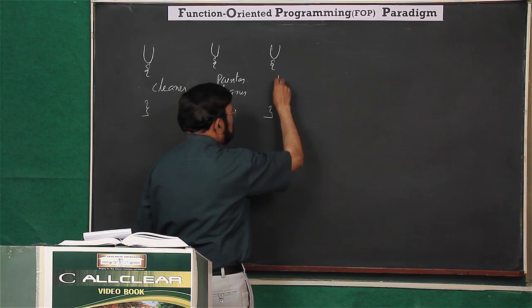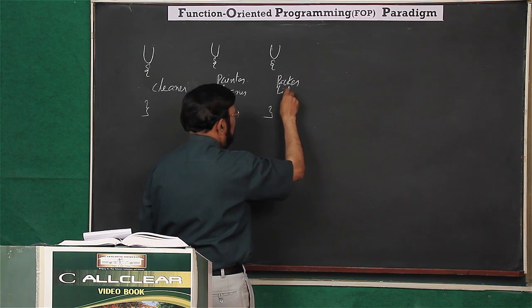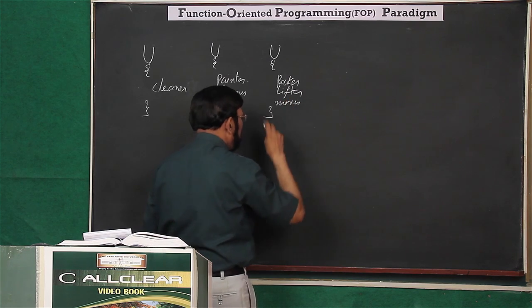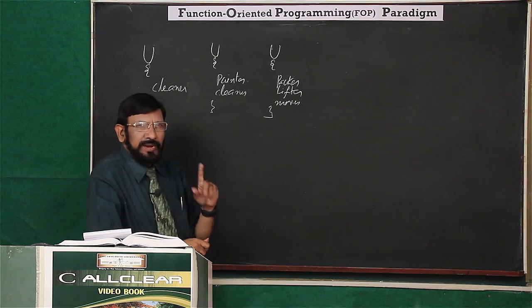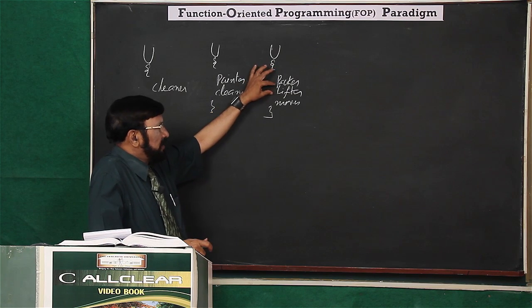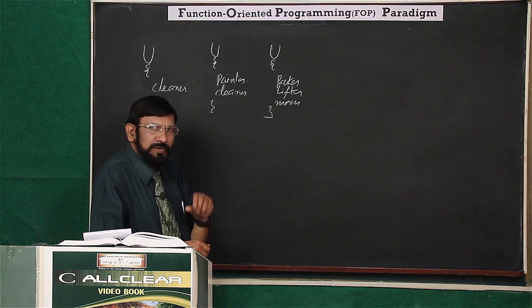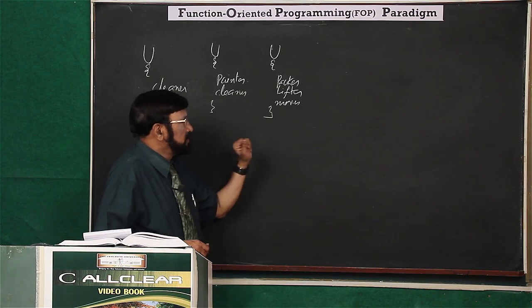Then what do you do? You appoint three specialists: a packer, a lifter, and a mover. Here, three types of specialized jobs are required. One is packing, second is lifting, and third is moving from one place to another. So this is the model.